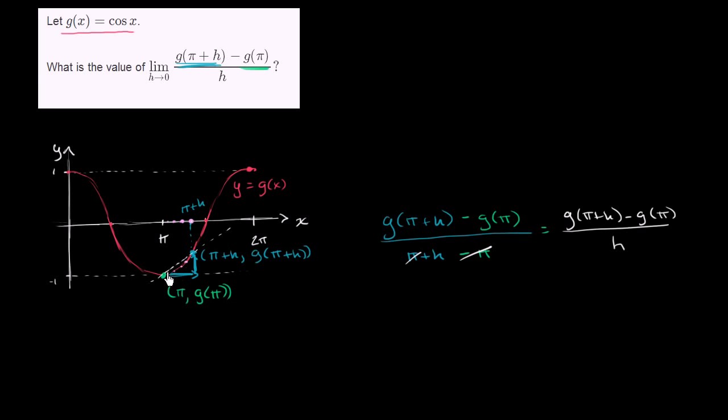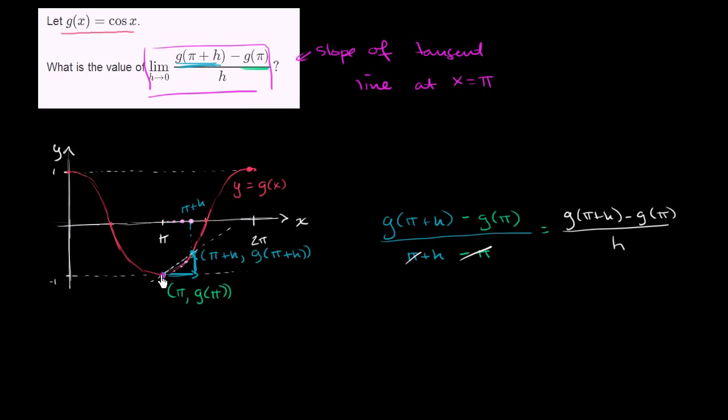And the slopes of those secant lines, I know it's hard to see because it's so small here, are going to get closer and closer to the slope of the tangent line at x equals pi. So this right over here really is another way of saying the slope of the tangent line at x equals pi.